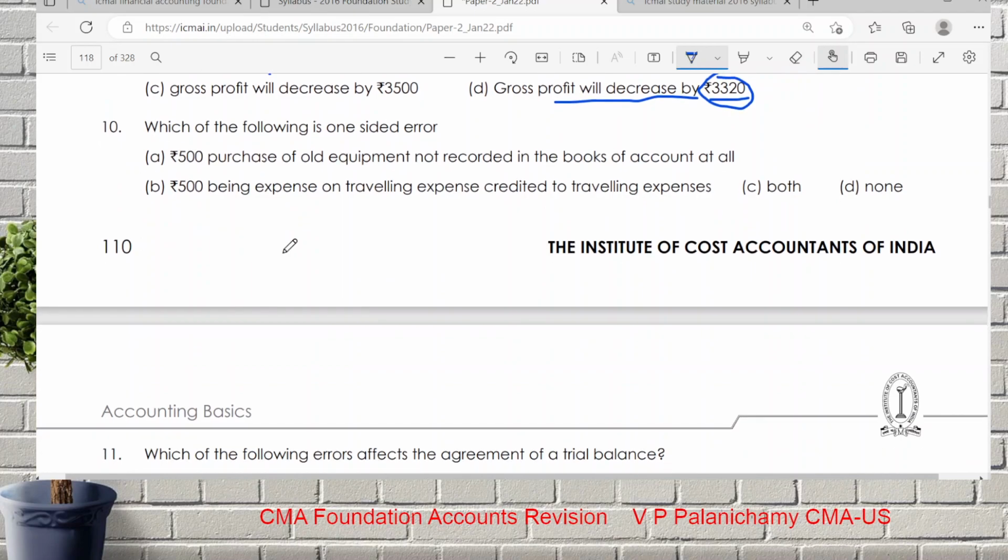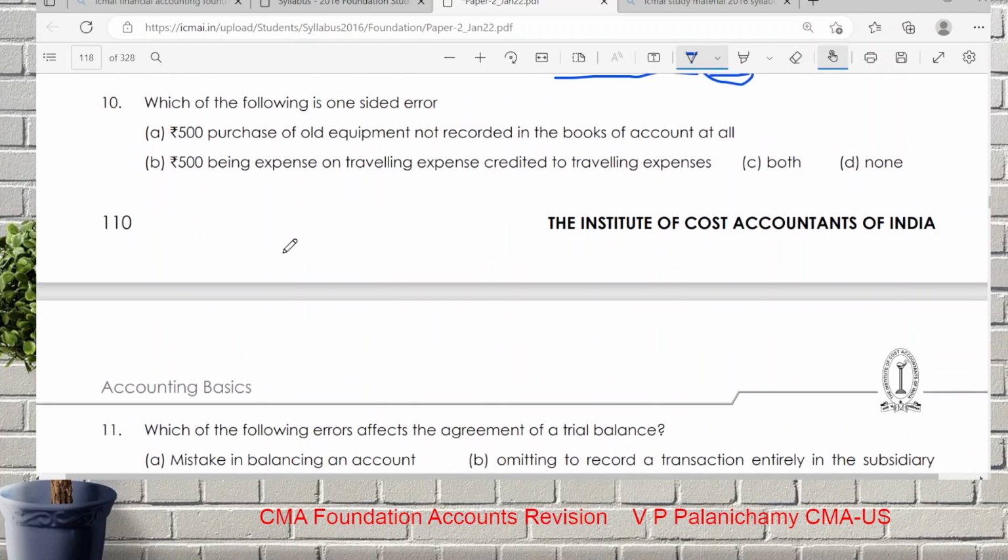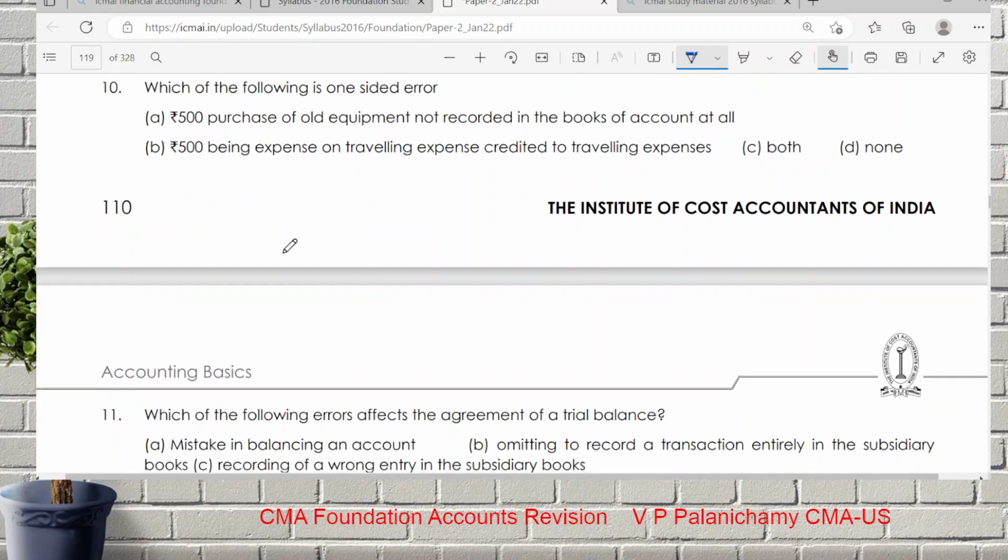Which of the following is a one-sided error? Not recorded at all அப்படினாலும் ரெண்டு அக்கௌண்ட் அஃபெக்ட் ஆயிருக்கும். Instead of debiting traveling expense, we credited to traveling expenses.